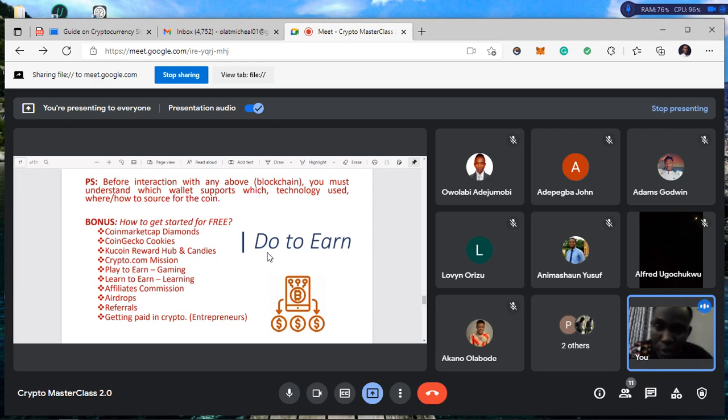Trust Wallet is one of the most trusted wallets, and they have a list of blockchains they support. So you want to take your time to check which blockchains Trust Wallet supports, so that you know how to transact. If Trust Wallet does not have it, then you should look for an alternative.